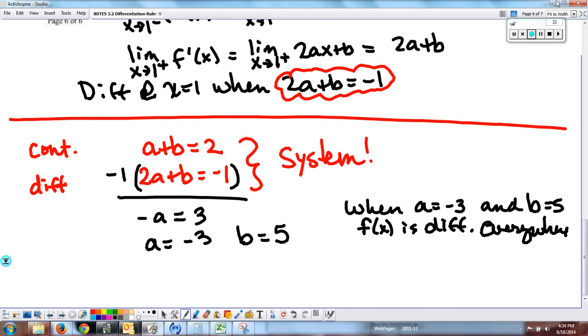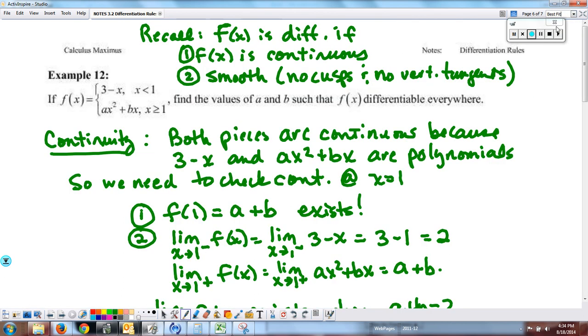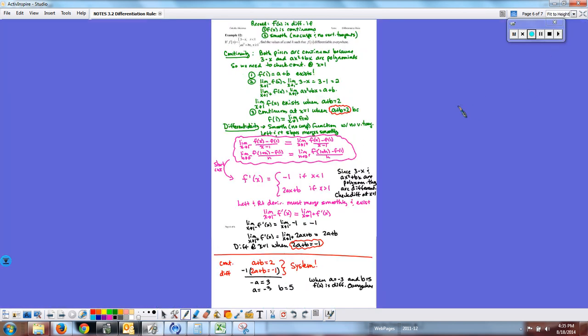All right, so that's just another example coming back to how we do a free response problem where we have to show that a function is differentiable. We still have two parts. We have to show that it is continuous, because continuous is a requirement for differentiability.